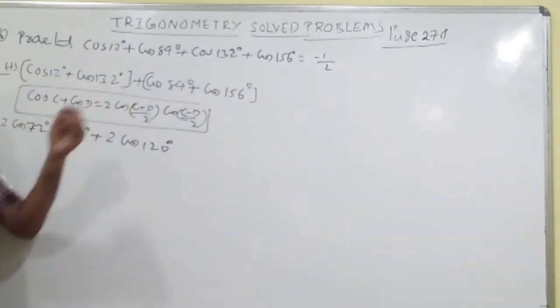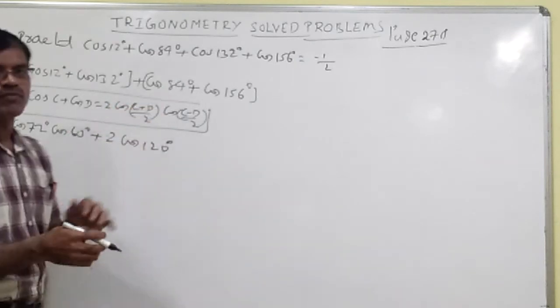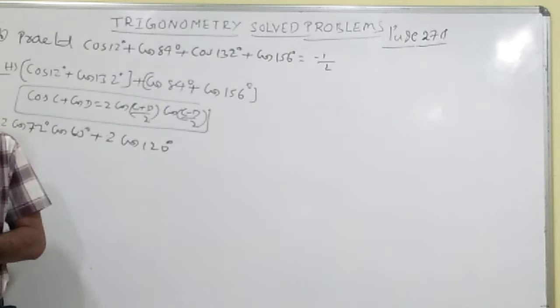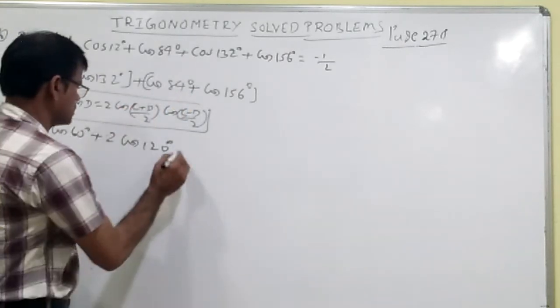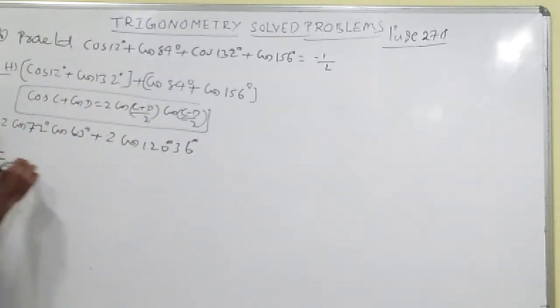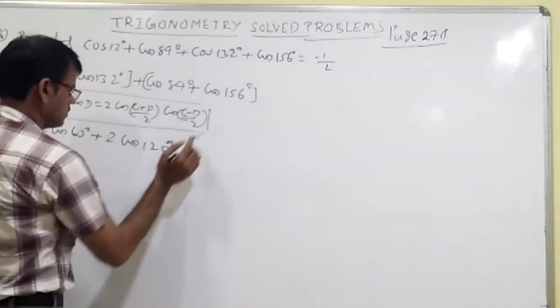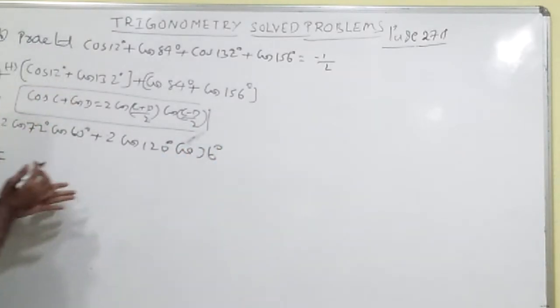Now, what is the value of 156 minus 84? It is 72, 72 by 2 is 36. So cos 36. That is 2 cos 120 into cos 36.